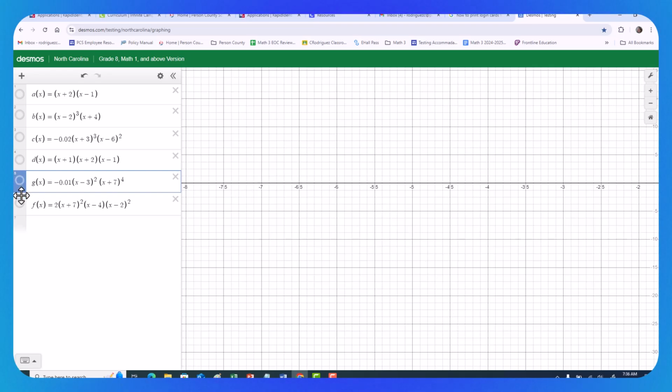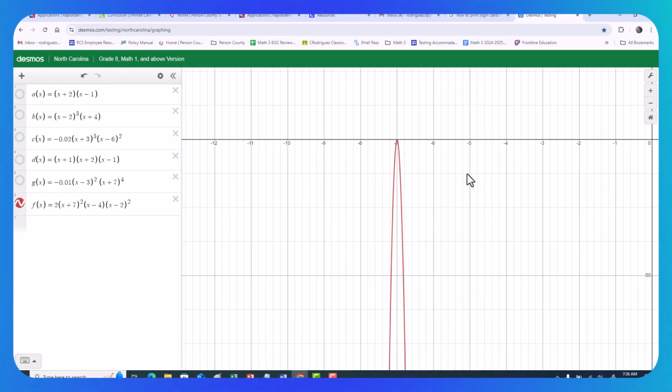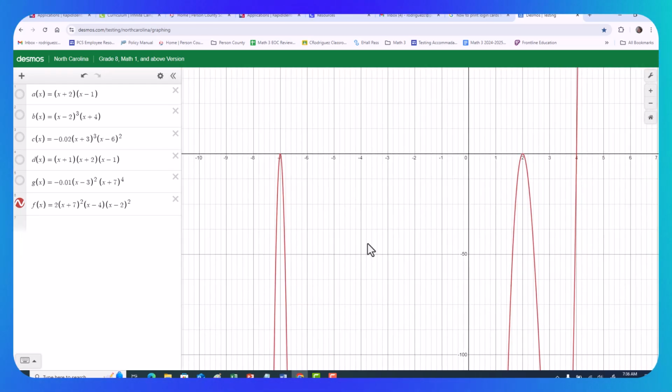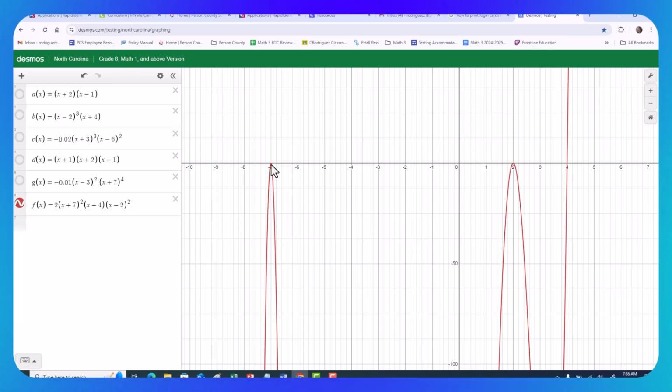So let me turn that one off and turn on f of x. And let me zoom out a little bit so I can see where it crosses. Okay, I see my roots at negative 7, 0, at 2, 0, and at 4, 0. Now it's going to go straight through at 4, 0, so that's a multiplicity of 1.